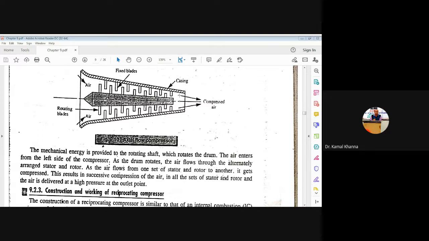As soon as the desired value of pressure has been achieved, you can open the exit valve and supply the compressed air to the other components of the pneumatic system. That is why the air is delivered at a high pressure at the outlet point, because the air is compressed as it passes through the sections in between the fixed blades and the rotating blades.